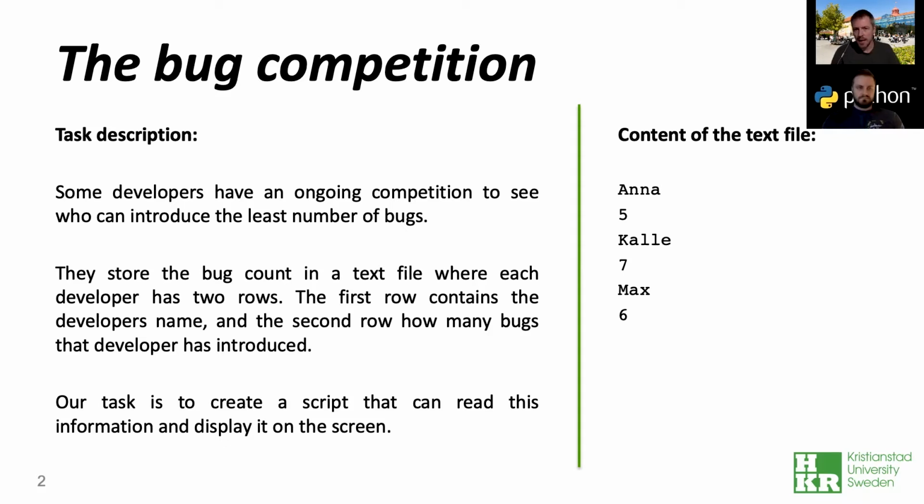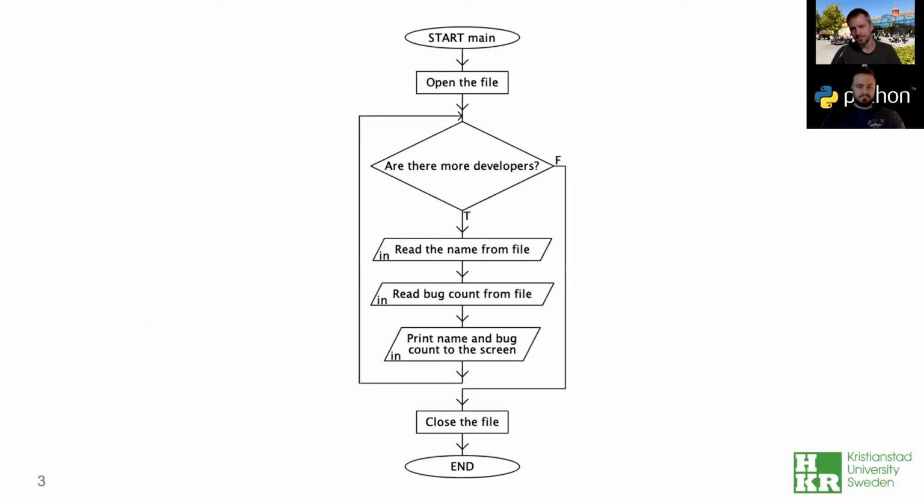And my plan is to do it this way. That we will first open the file and then we will check if there are more developers, and if there is, then we will read the name of the developer, how many bugs they have introduced, and then we will print that information. And we will continue looping around here as long as there are more developers.